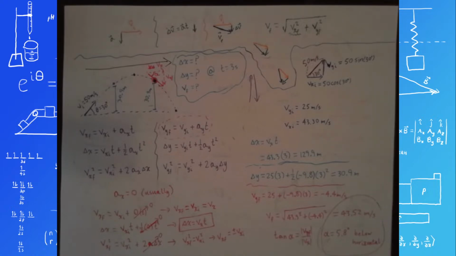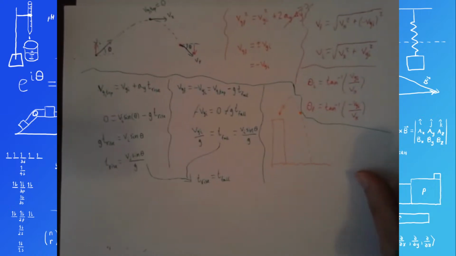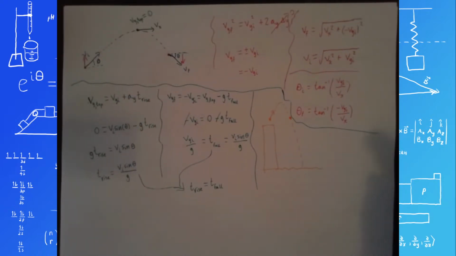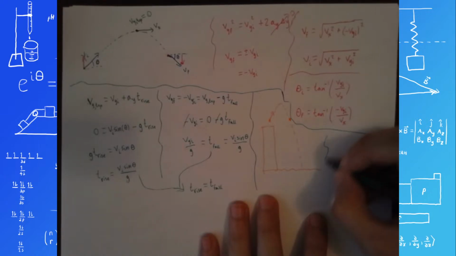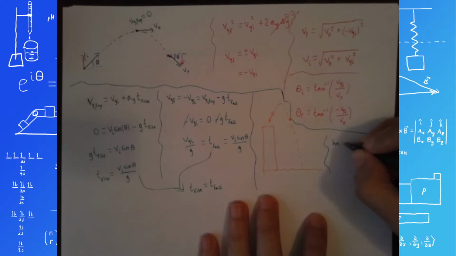Oh, I just remembered. Definitions. There is a term that we need to talk about. It's a pretty simple term. It's called horizontal range.